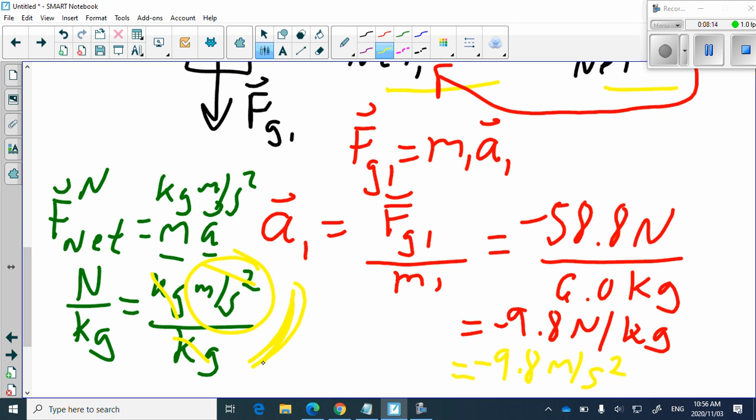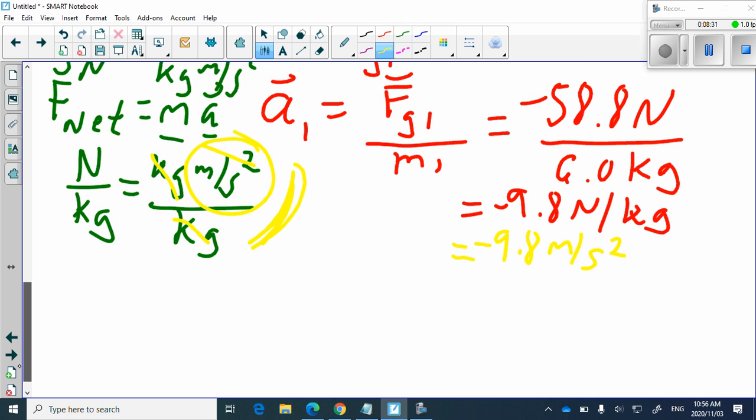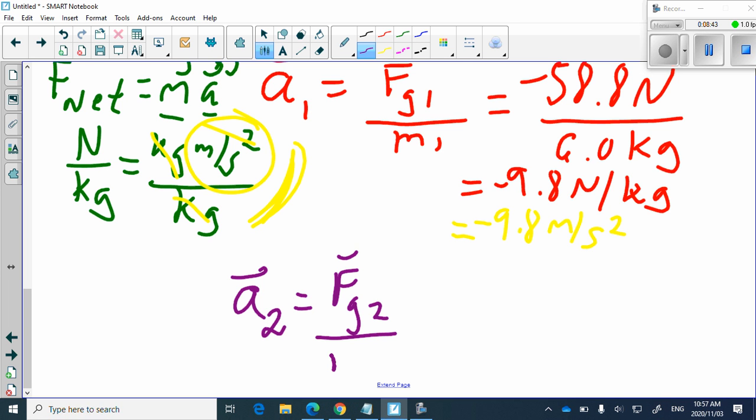So, okay, we did it for the first one. We proved that no matter what the force of gravity was on it, when you divided it by the mass, you get the acceleration due to gravity. Will it work for the second one? Let's find out. Let's use the work we already learned, okay? And say, look, acceleration of the second object is the force of gravity on the second object divided by the mass of the second object.